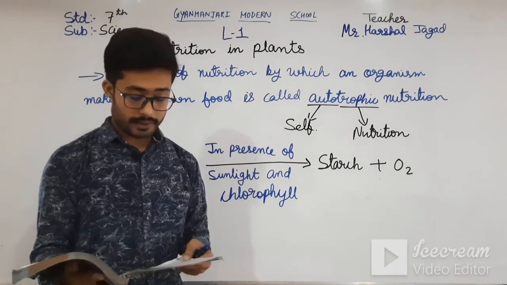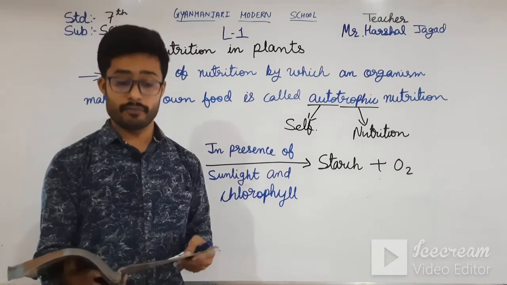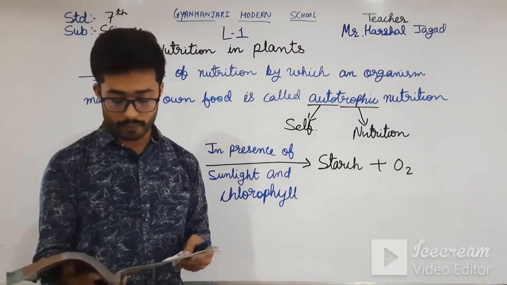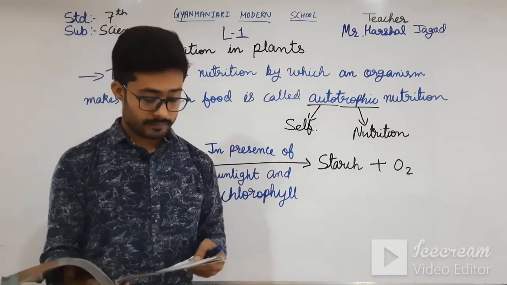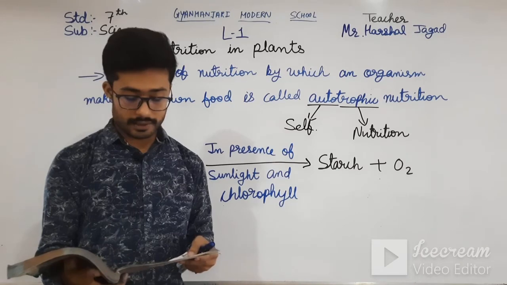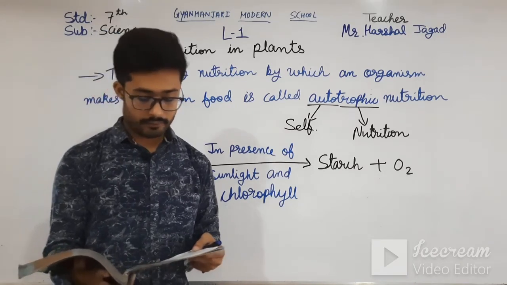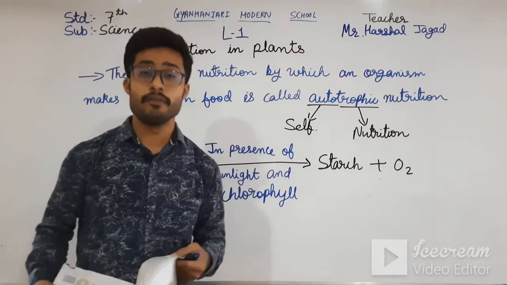Observation: only the green portion of the leaf turns bluish black, while the non-green portion does not. Conclusion: this shows that starch is present only in the green area of the leaf. Thus, only green leaves can photosynthesize and make food.